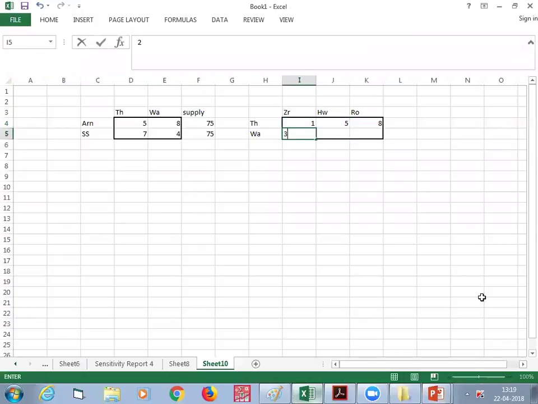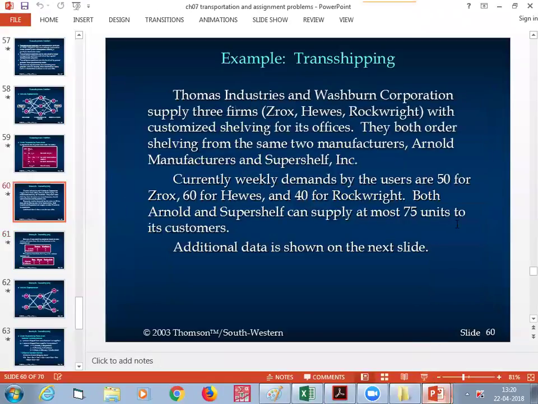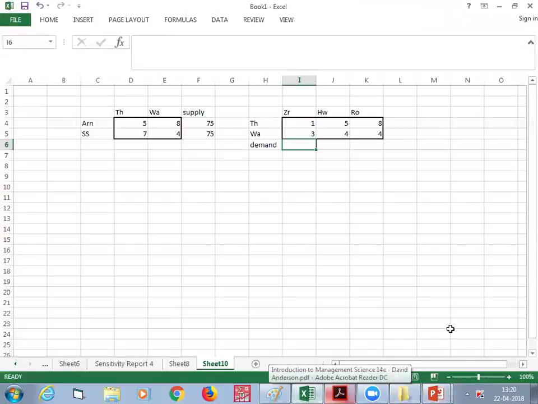Okay. And what is the demand? Okay, demand. So 50, 60, 40 or something, right? 50, 60, 40. Yes. Okay.